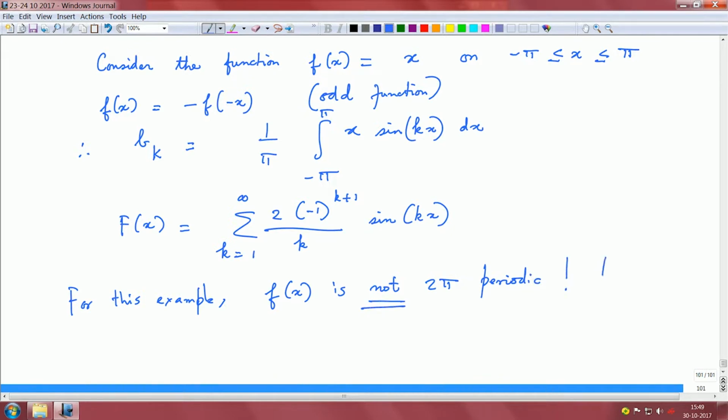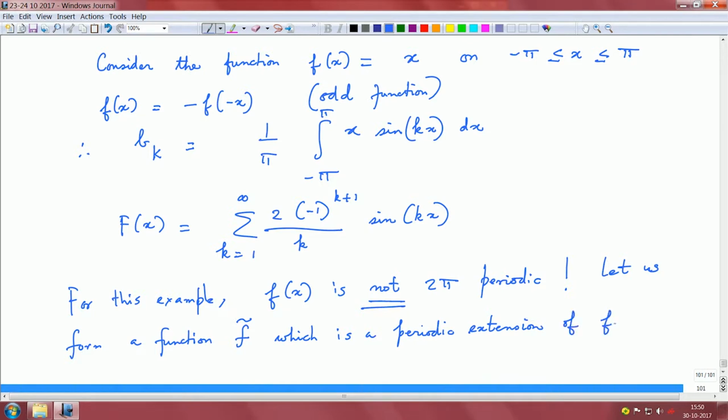So, let us form a function f tilde which is a periodic extension of f.